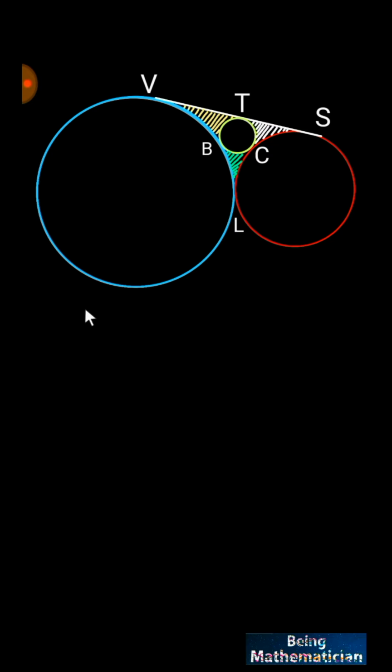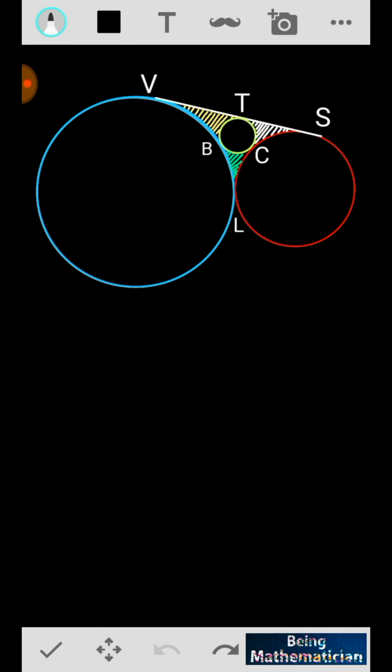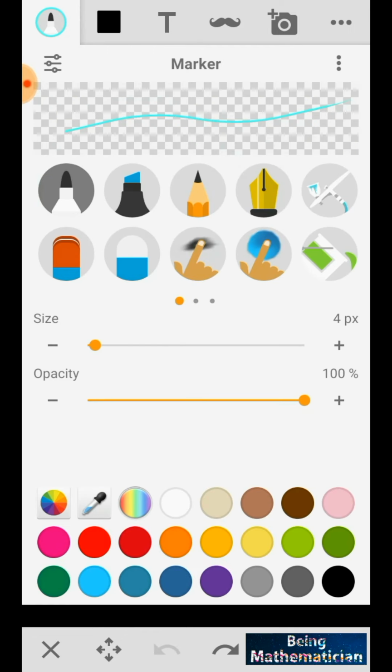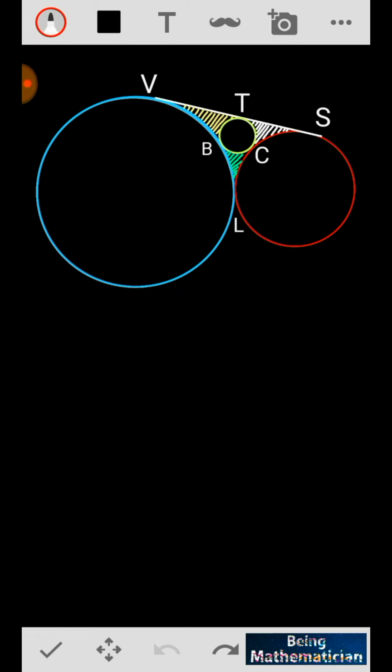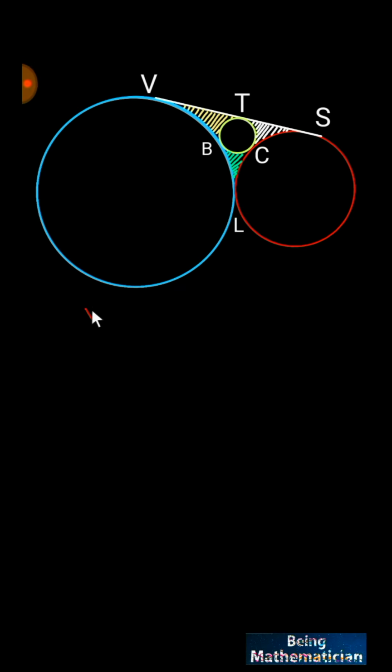Now let's calculate the ratio of yellow shade to white shade to green shade.